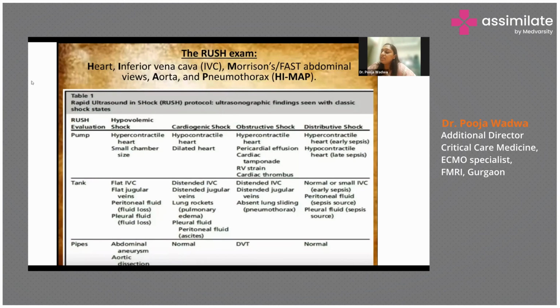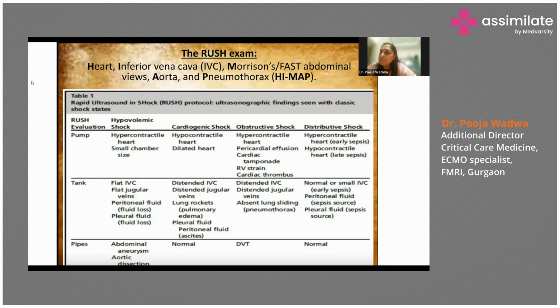When the heart is dilated, the back pressure changes will cause IVC and jugular venous distension. Along with that, if it's left-sided, you will also get pulmonary edema, and you can get pleural fluid or peritoneal fluid because of the back pressure changes. All the major vessels will be normal because it is primarily an abnormality of the heart.